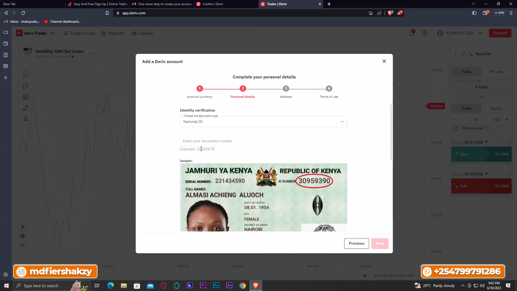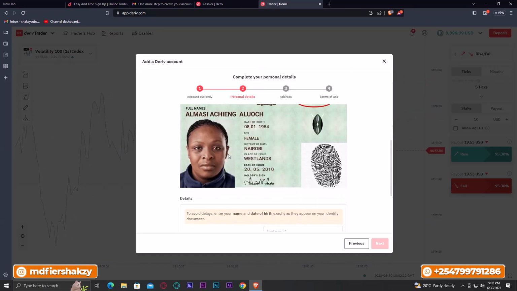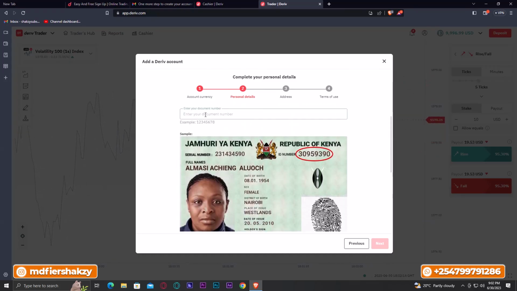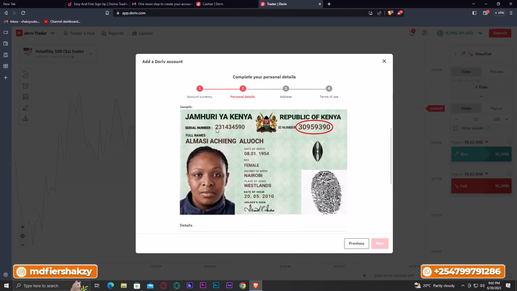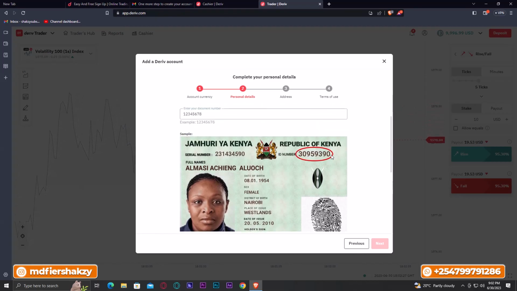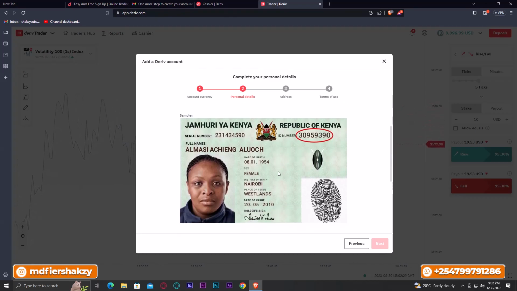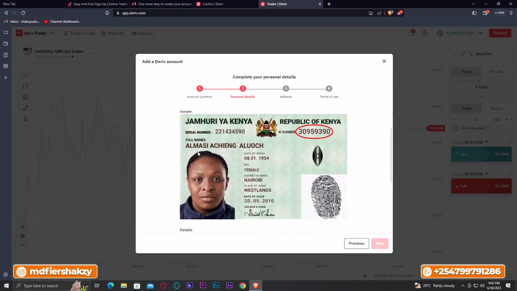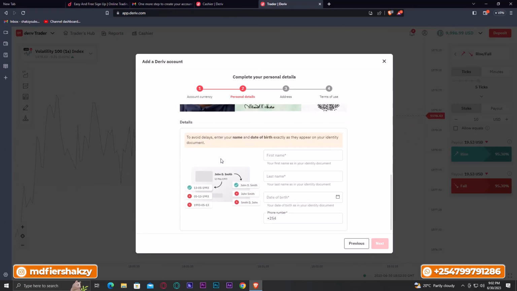Click on national ID, and then you'll be told to enter your national ID, which is 8 figures. You see how they've even shown you an example of this woman's national ID. They have told you how it looks.